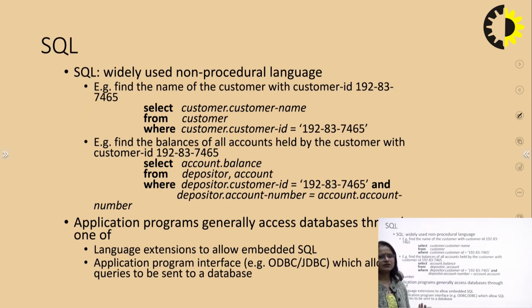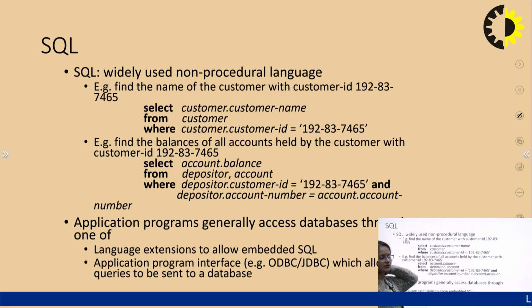So what is SQL? We can see in one slide, you can take a glimpse. This is the format. We have already created a table, and now when we want to get the information like customer name, we select customer name from the customer table, and the condition is customer ID should be 192837465.